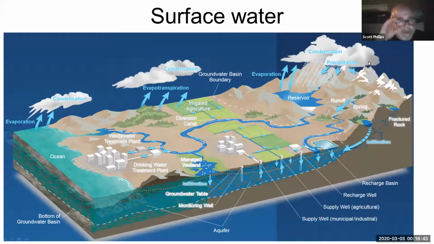Next, I want to talk about some basic elements of surface water. Part of the hydrologic cycle is water that has fallen through precipitation, collecting and making its way back out into the ocean on the surface through streams, which are like rivers, creeks, and so on.